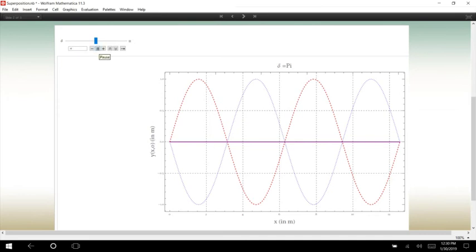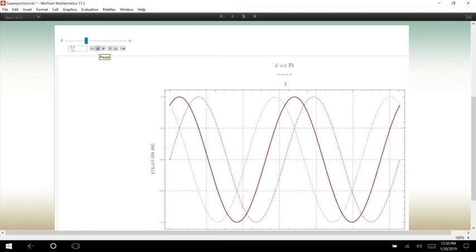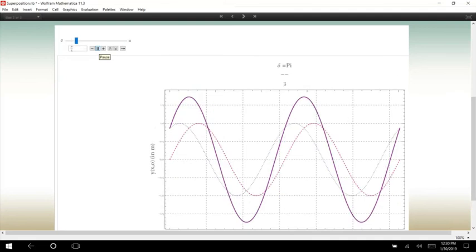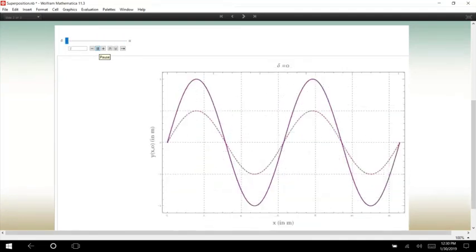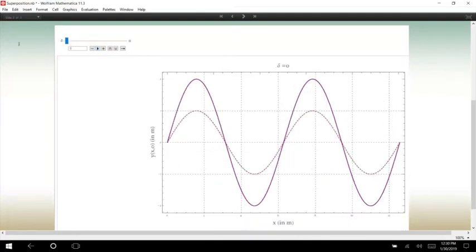And for constructive interference, I can just play this video. So it's showing you how the interference is changing with delta. And we get through the constructive and destructive interferences. And this is the example of a constructive interference where both of the two original curves exactly match each other, right?